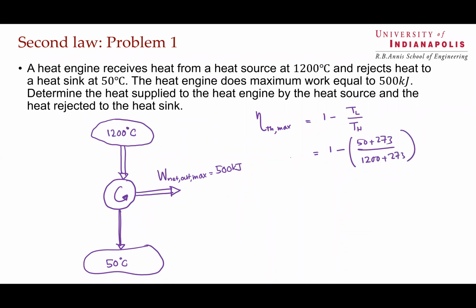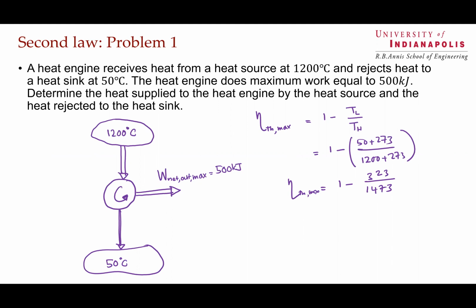That is the maximum, right? So that maximum efficiency is 1 minus 323 divided by 1473.